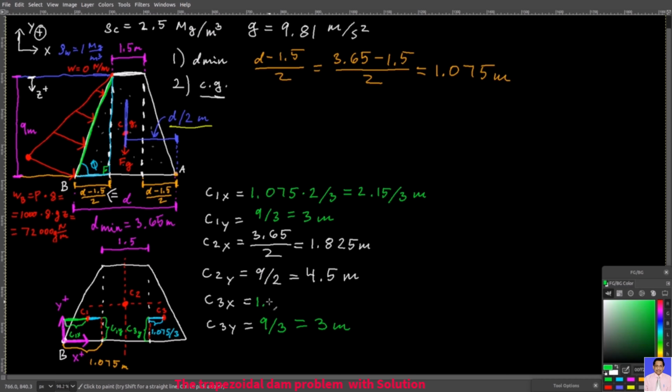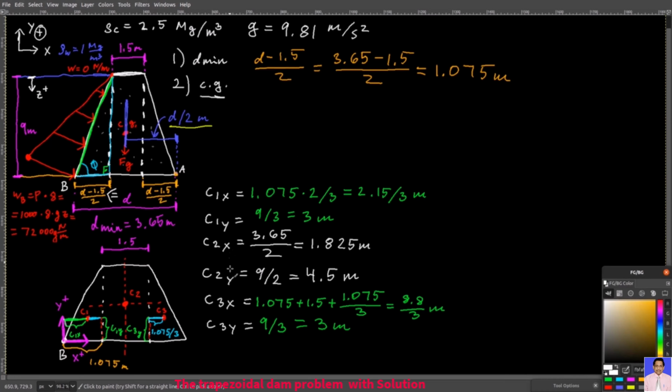So you have 1.075 plus 1.5 plus 1.075 over 3, and that will give you 8.8 over 3 meters.